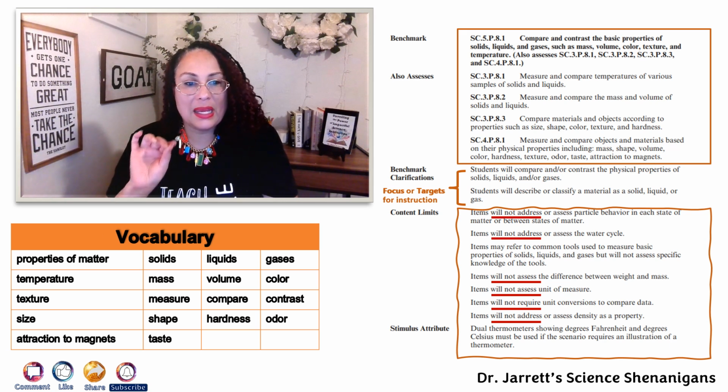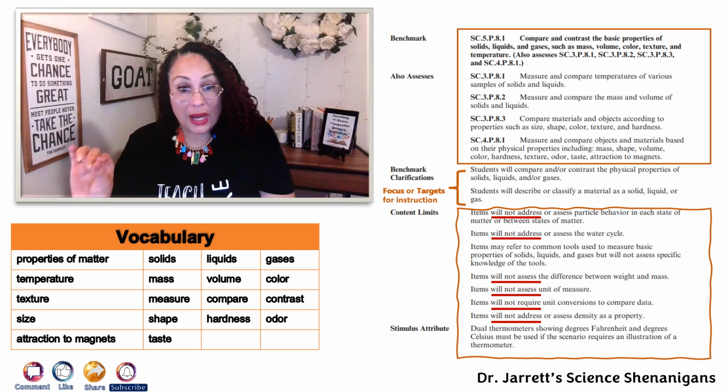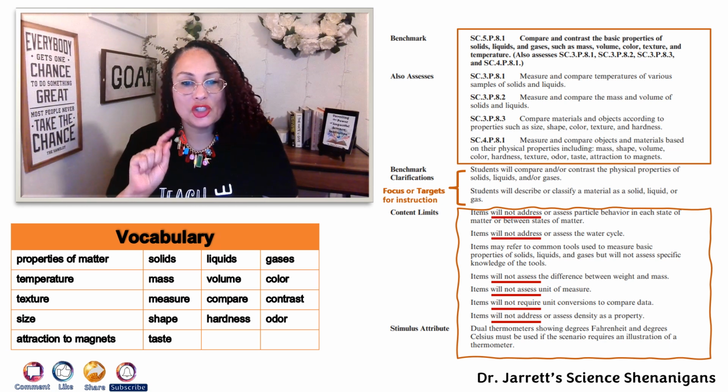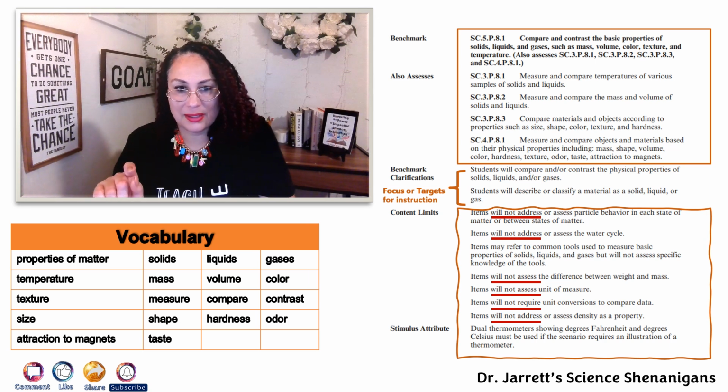Then 3P8.3 talks about properties: size, shape, color, texture, hardness.